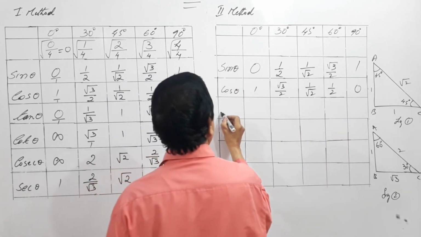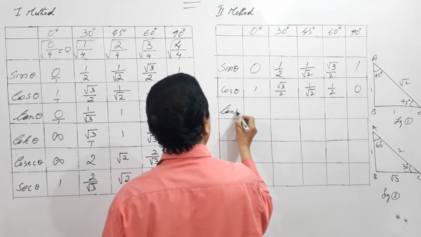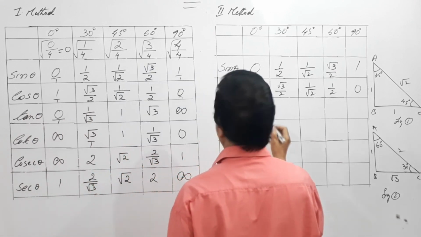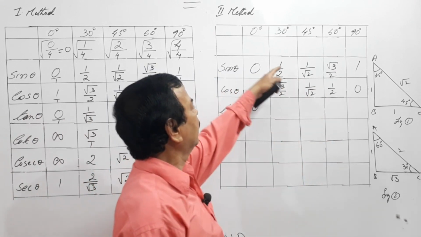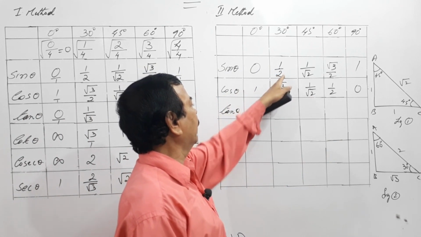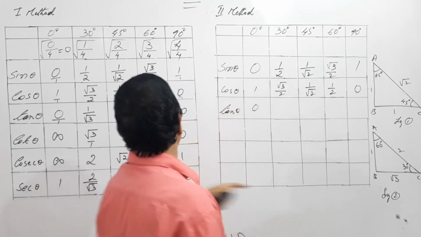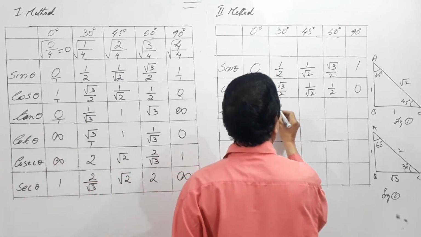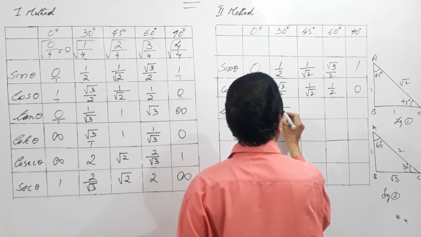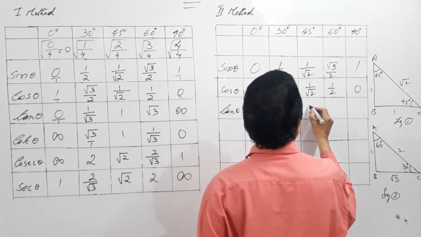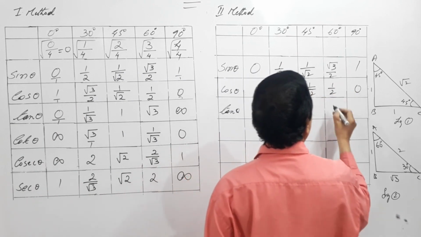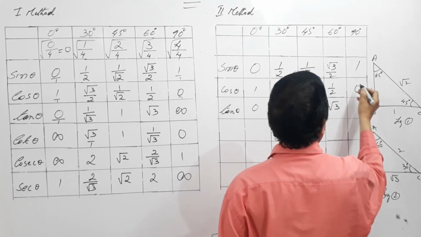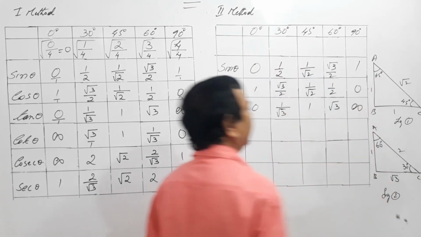And what about tan? Tan, just copy all these things. So tan is 0, same values. You divide this, half will cancel, 2 and 2 will cancel, we have 1 by root 3. And this becomes 1, then root 3, and this is 1 divided by 0, infinity.